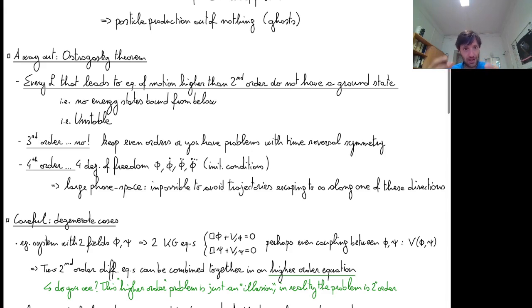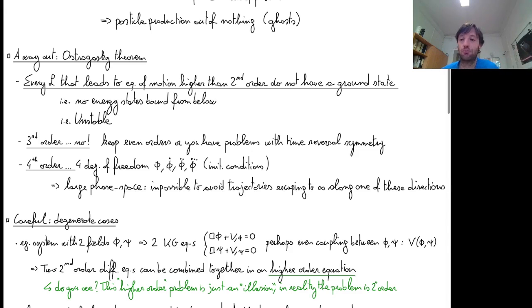The larger the dimensionality of your problem, the likelier it is that in your phase space you have trajectories which escape to infinity. And we might also encounter singularities. This will give you the problems that I mentioned earlier.